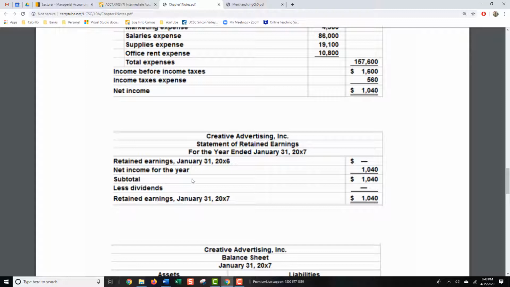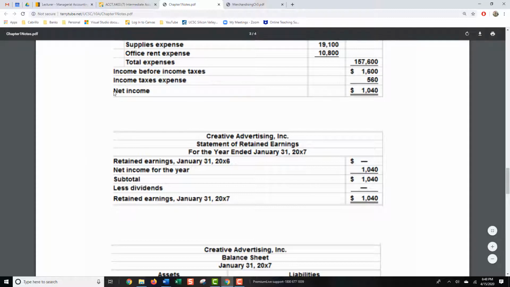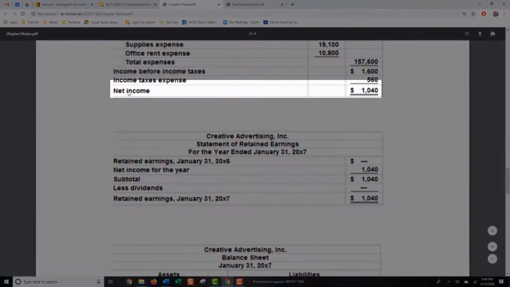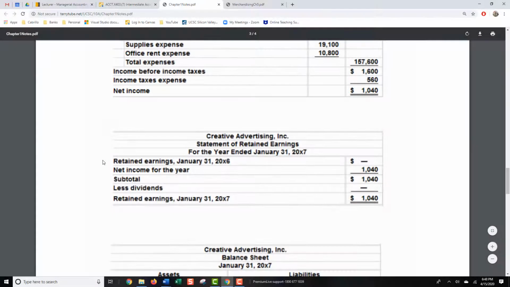And then the difference, what you made minus what you distributed, would be the new updated balance in the retained earnings. That new updated number is dependent upon having the net income figure, so the net income figure has to come in and feed into this number here.